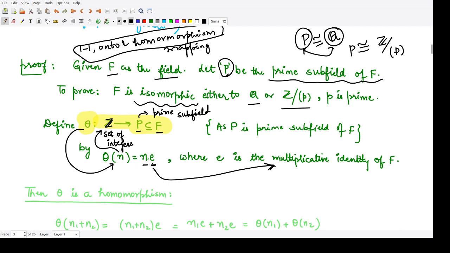So we have associated to theta the value ne, where ne represents the characteristic of the given field. So this is the catch over here.